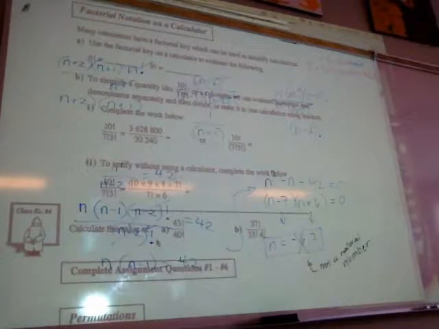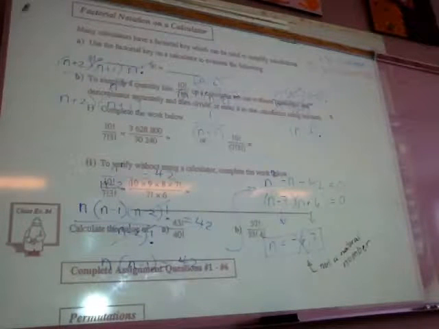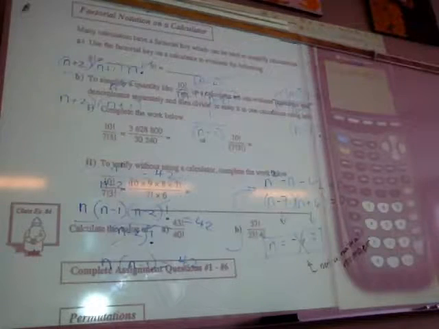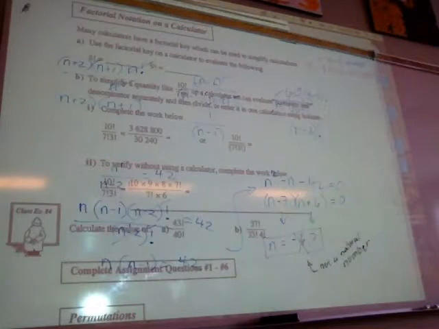So now we're going to learn how to use the factorial button on our calculator. For example, what if you had 23 times 22 times 21 times 20 times 19 times 18 times 17? Do you really want to have to multiply all those numbers? Probably not. So, factorial button.